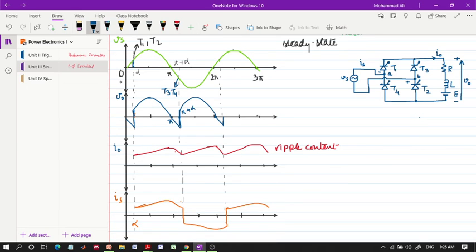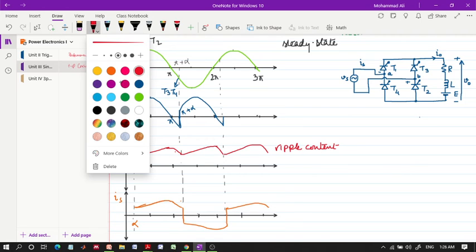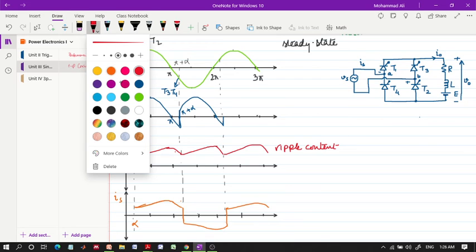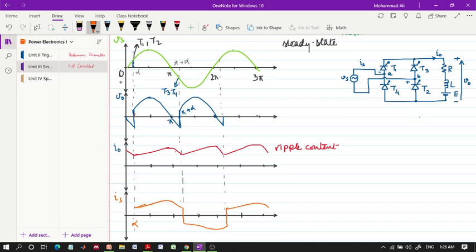It should be like this. Here the current will of course be like this, and here the current will be coming from the negative side, like this. So I hope that you have understood what the waveforms must look like.